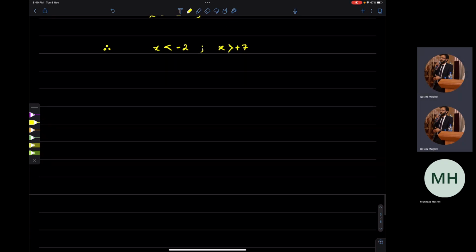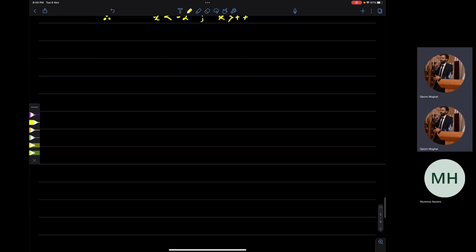All right, so the next part, now question number 7. Find the set of the values of x for which this is less than this. All right, this is a linear inequality. So I'm going to expand it. That's going to leave us with 6x minus 2 less than 4 minus 3x.